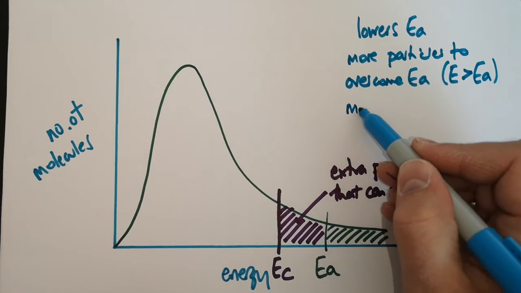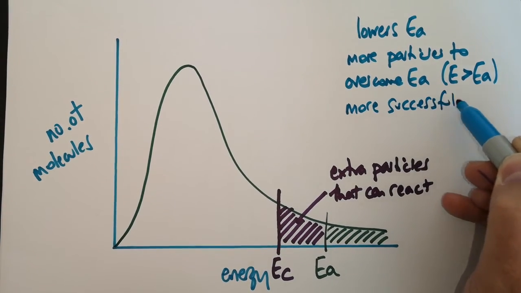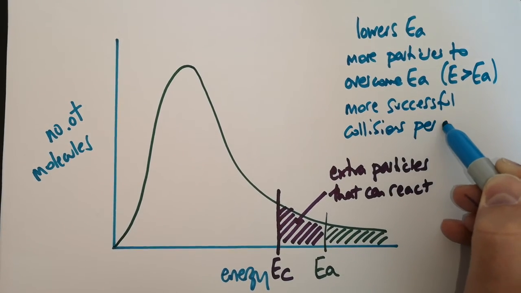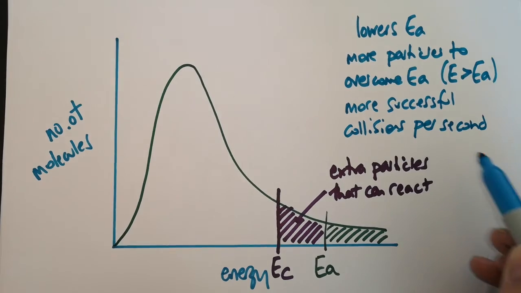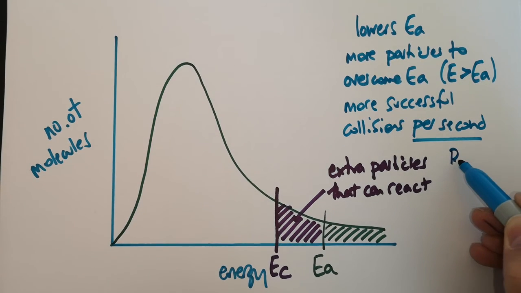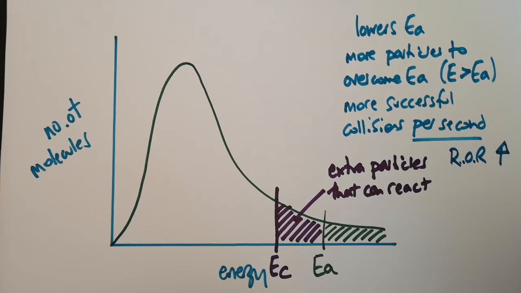That leads to more successful collisions per second. Remembering that the per second is important because if we're talking about rate of reaction, we need to have some element of time in there. More successful collisions per second, so the rate of reaction increases.